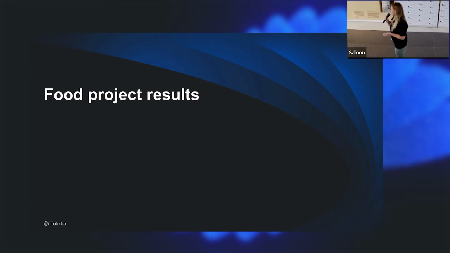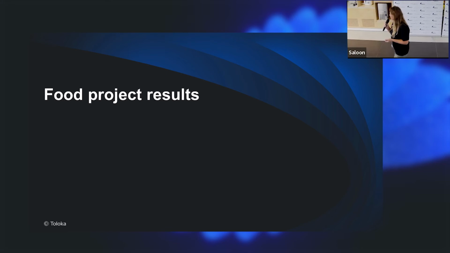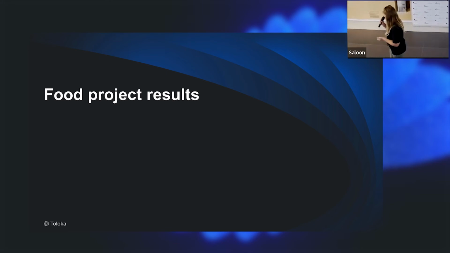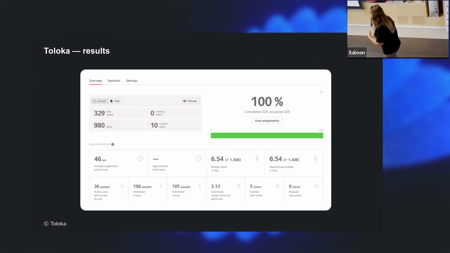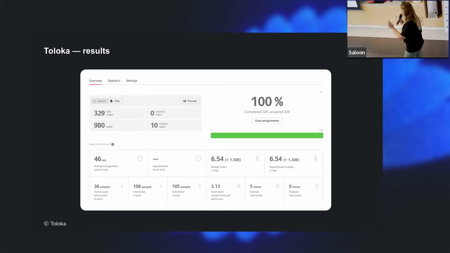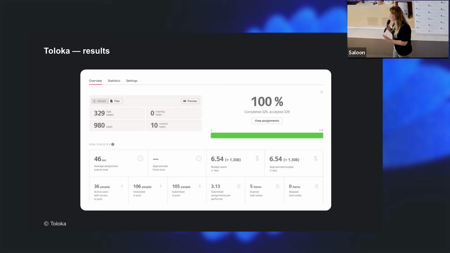And what were the results of such a food project data labeling annotation task? As you can see, we annotated 980 tasks. We started with 1,000, but I reserved 10 tasks that were used for the exam and 10 tasks that were used for controlling the quality during the process.